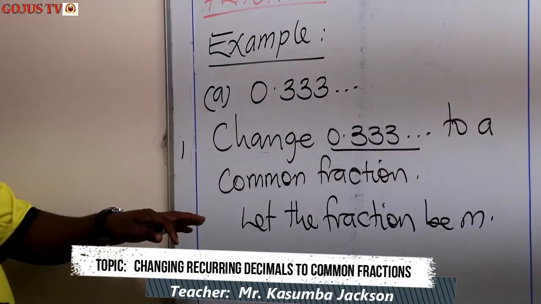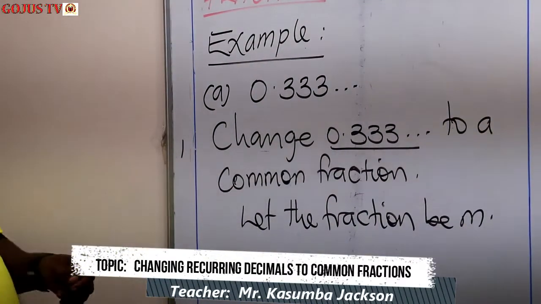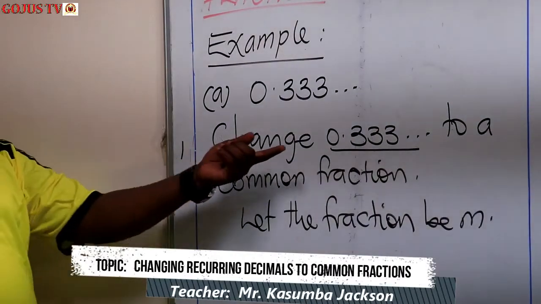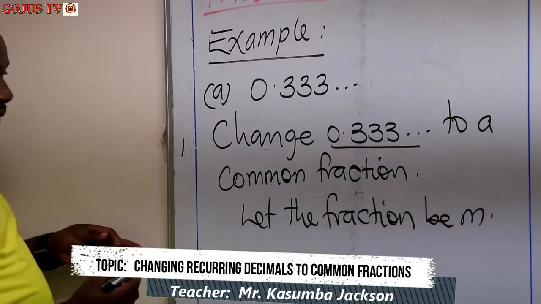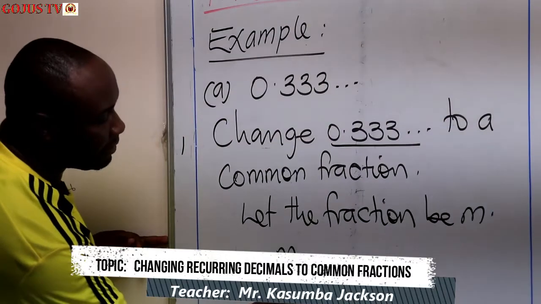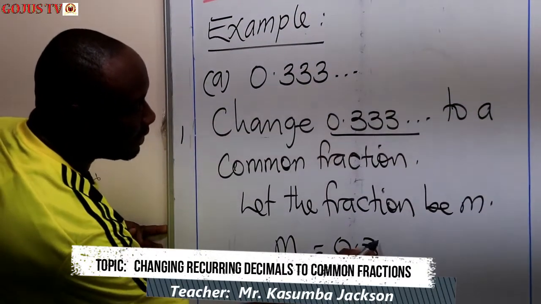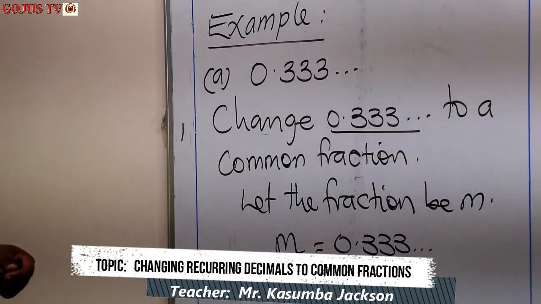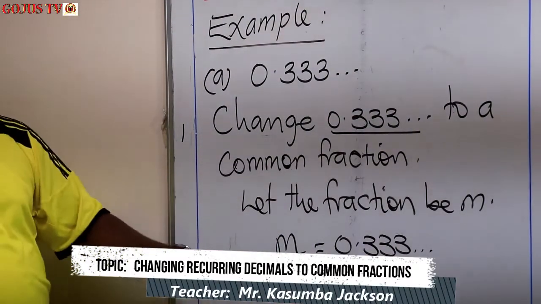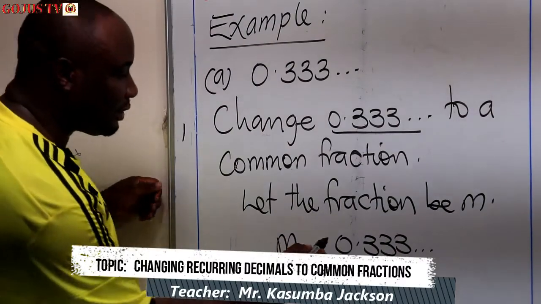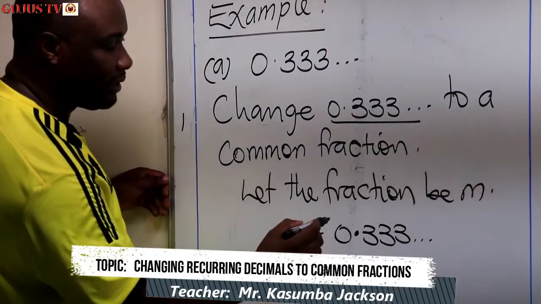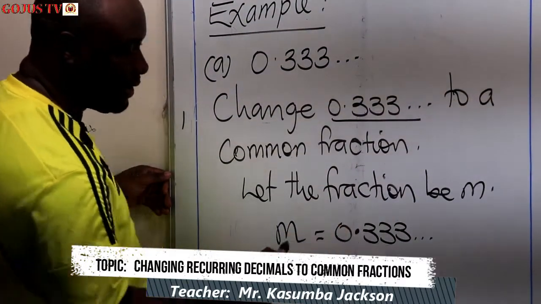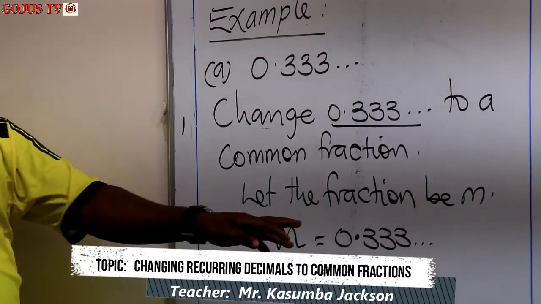If the fraction that we are going to change it to is given as m, we all know that that fraction must be equivalent to our recurring decimal. So we let our fraction m be equivalent to the recurring decimal, which is 0.33 recurring. Now that this is m, we would like to move our decimal point to the first recurring digit. So for our decimal point to go behind the 3, we shall multiply by 10.